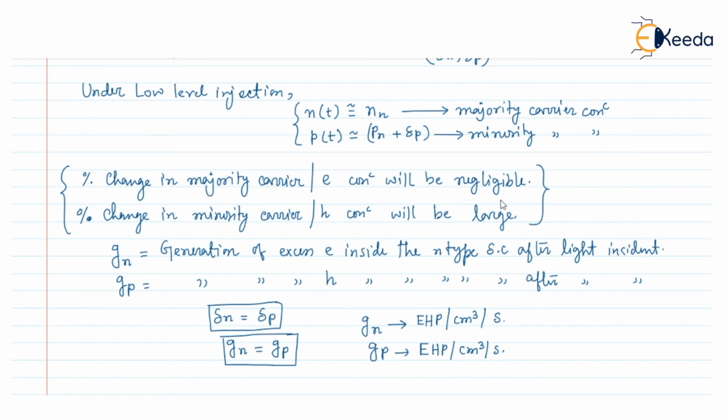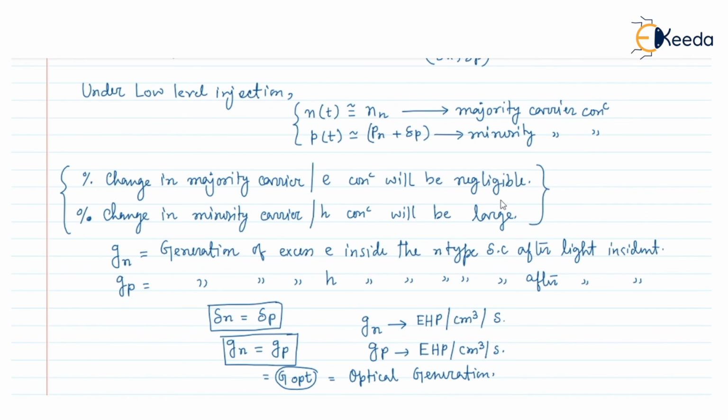In this way, the generation rate of excess electrons is equal to the generation rate of excess holes. Sometimes this is also called optical generation.